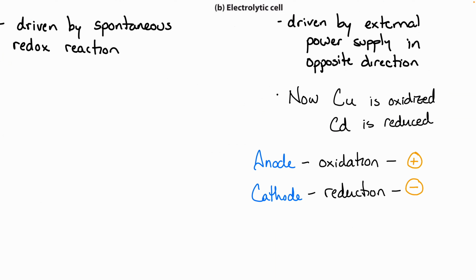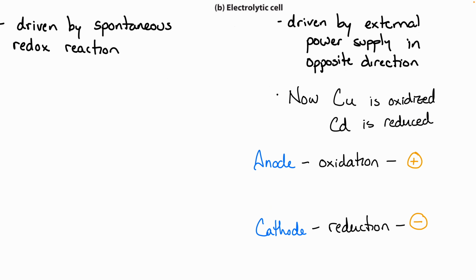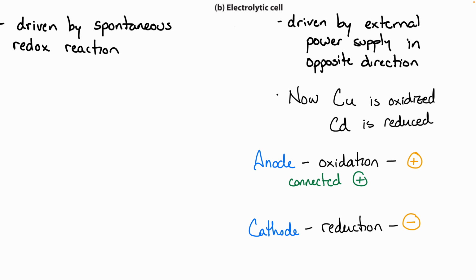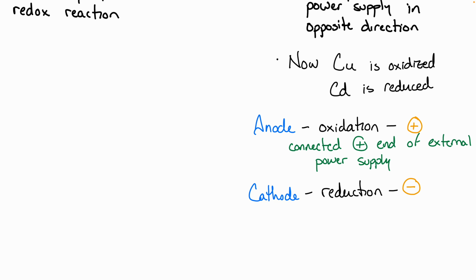And let's make this even more clear here. Why do we call it the positive end? Because it's connected to the positive end of that external power supply. And why do we say that this is the negative end?